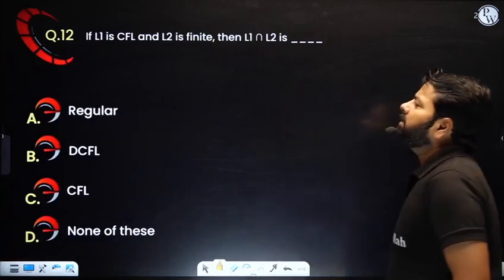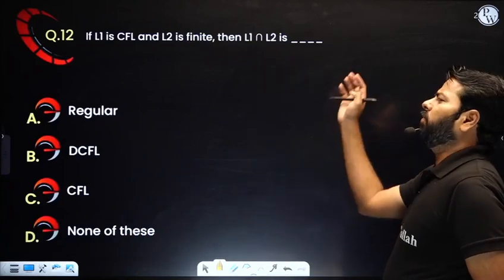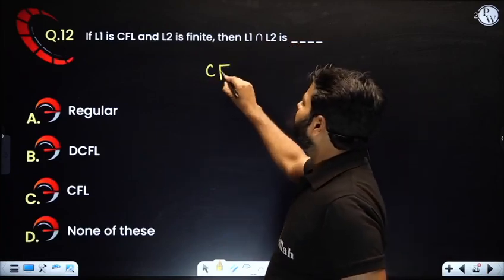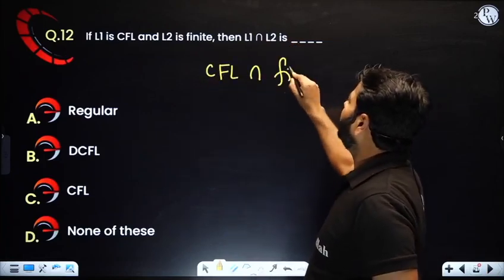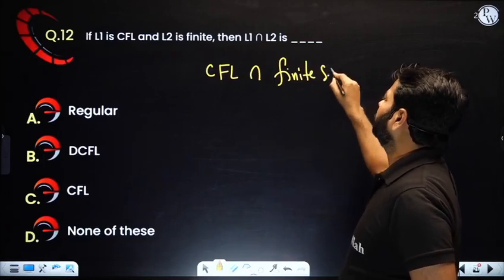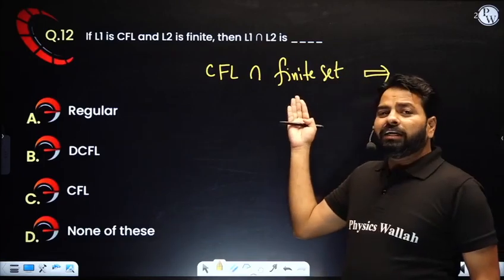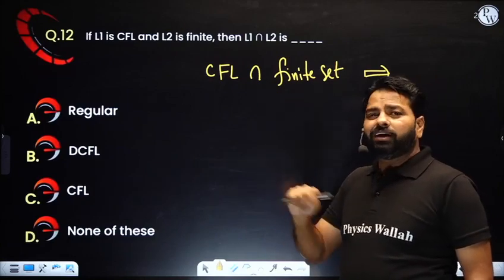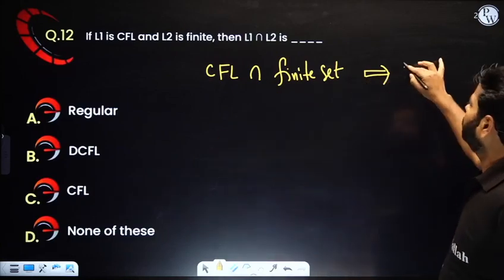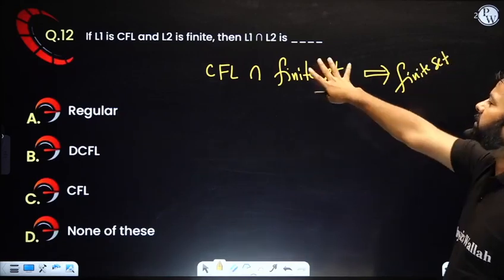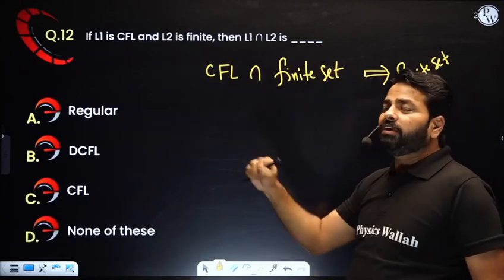Now, if L1 is CFL and L2 is finite, it's a very interesting question. Then L1 intersection L2, CFL intersection finite language, what happens? In an intersection, if one of the languages is finite, the whole result is finite, without any doubt, because this is the maximum that can be common with the CFL.